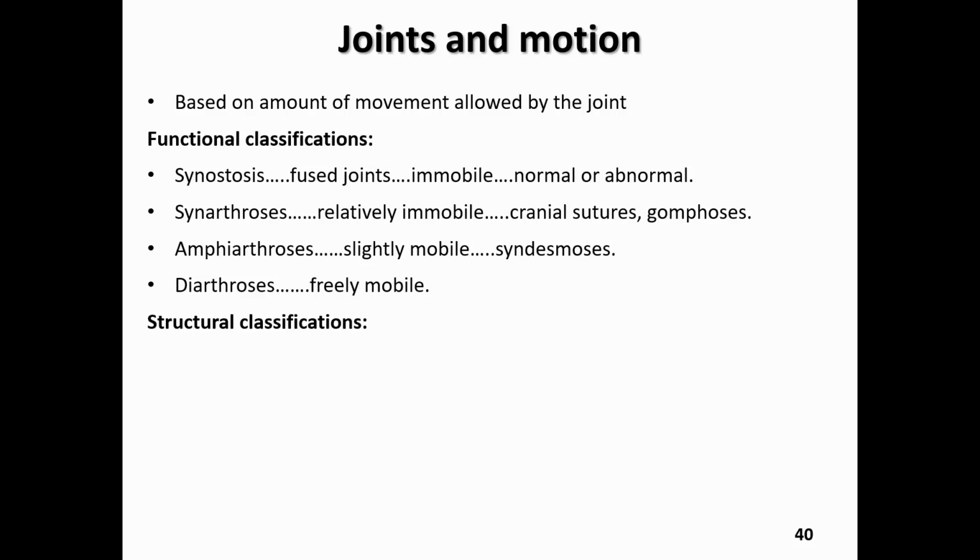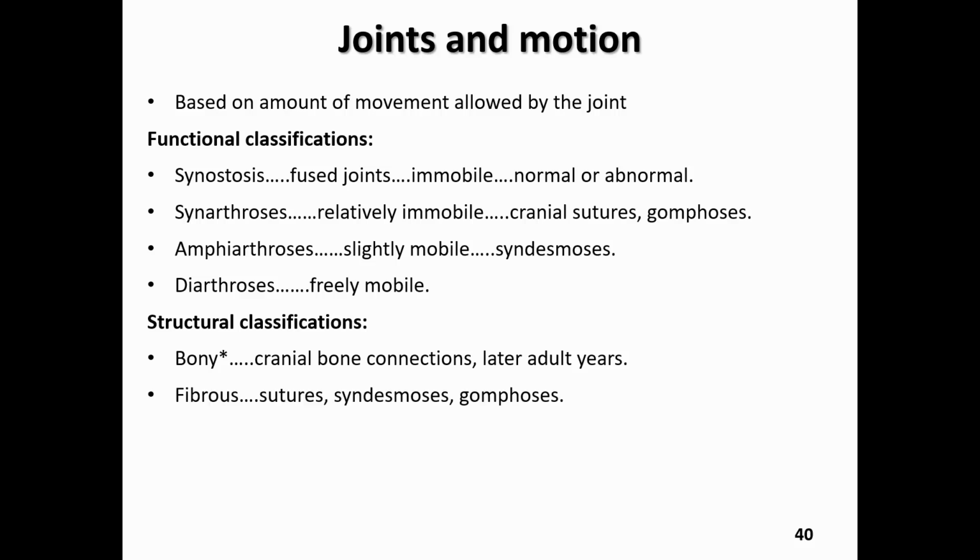The second classification is one based on structure. When we take a look at a bony type of joint, these refer to the cranial bone connections much later in adult years. As humans age well into their adulthood, the connections between the cranial bones start to lose that little bit of mobility that those bones had, particularly during the childhood or adolescent years.